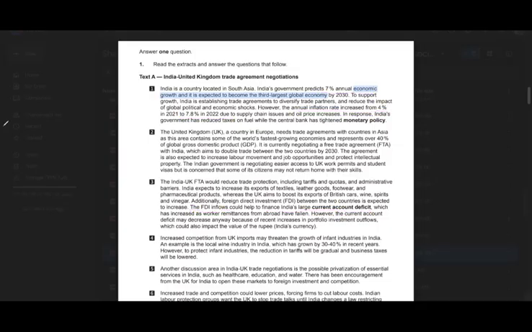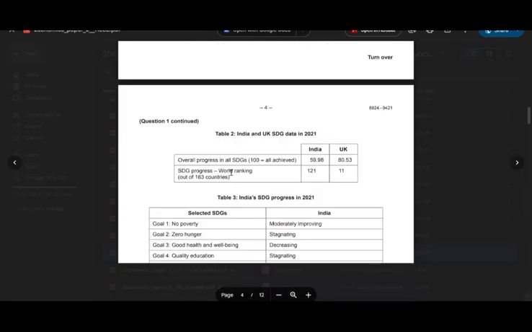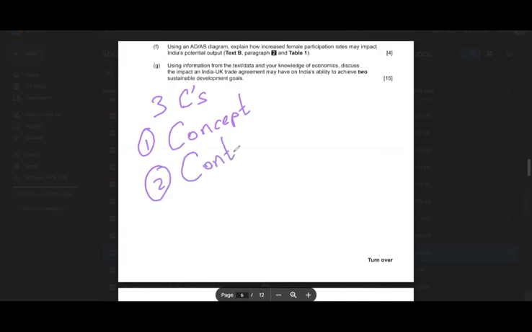The reason why this is important is because in this case, you're going to want to use the 3Cs. Now, the 3Cs are concept, context, and finally content.